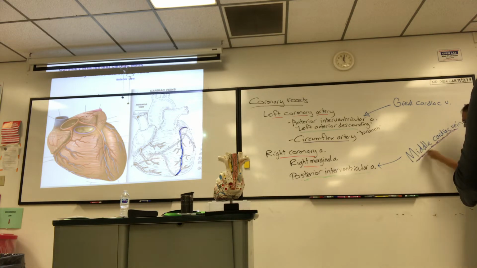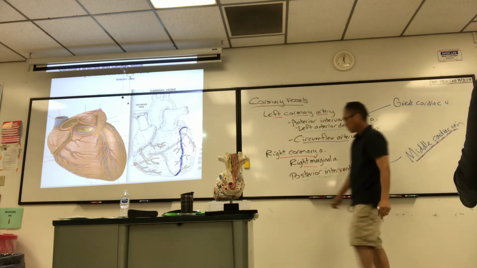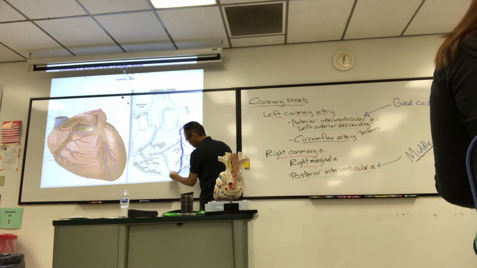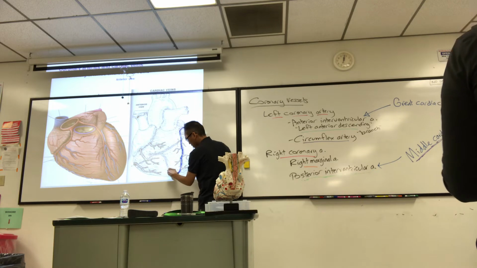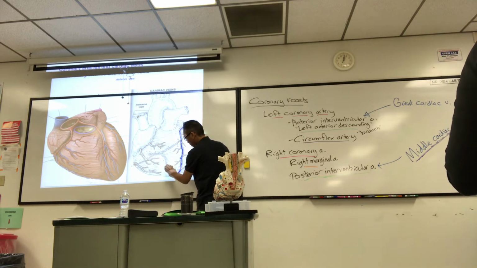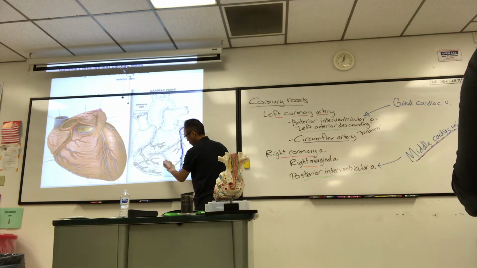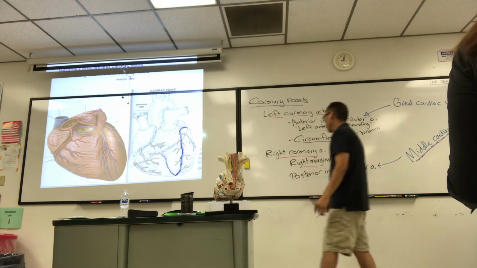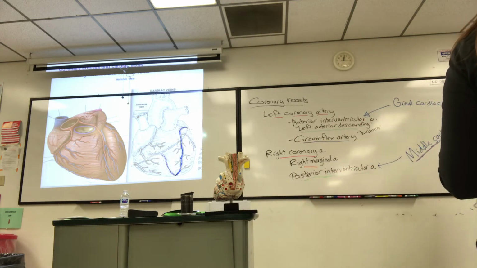I'll color it in purple. It's a continuation right here. Kind of meet front to back there at the apex. This is the posterior part of the heart viewed from the front. That's why they're kind of dotted lines here. That's where the middle cardiac vein would be. It runs with the posterior interventricular artery.